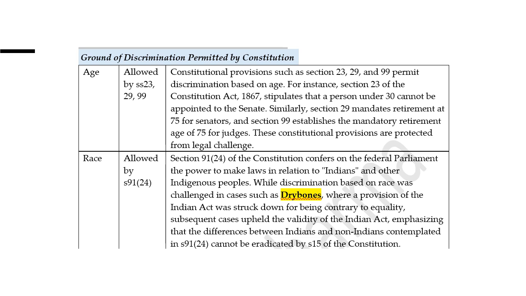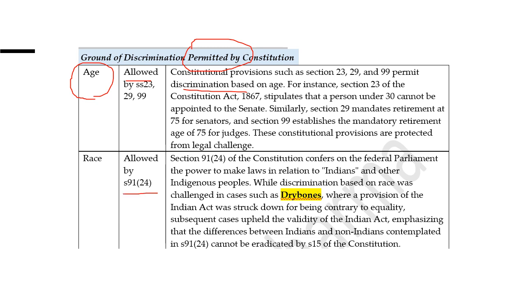So these are the grounds, you can read these ones. Age, as a ground of discrimination, is permitted by the Constitution, allowed by sections 23, 29, 99. Where are these allowed? These are allowed as discrimination only when it relates to certain appointments. Otherwise, on the basis of age, you cannot discriminate against anyone.